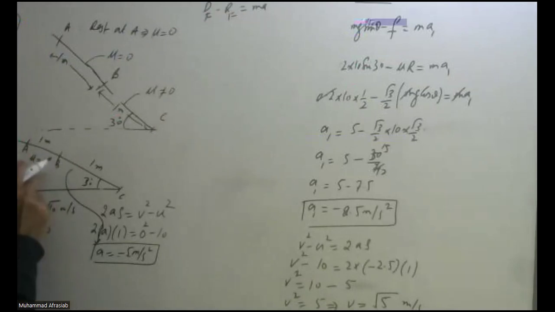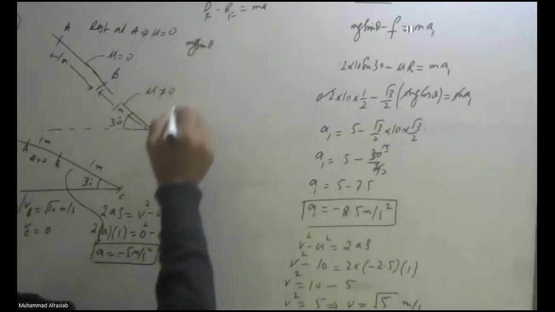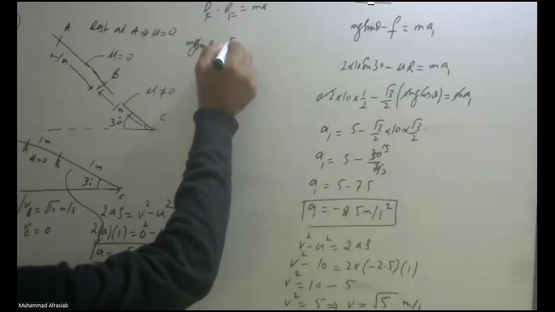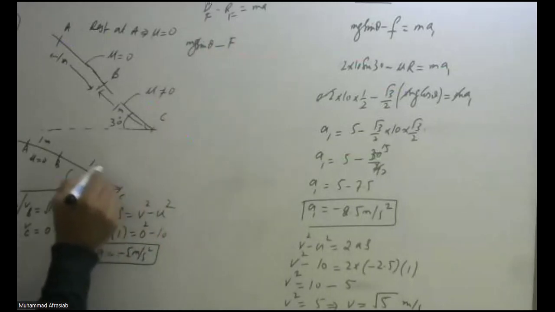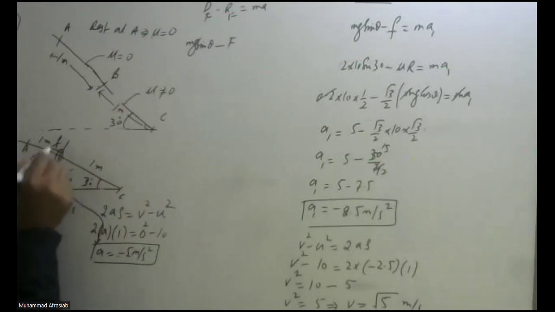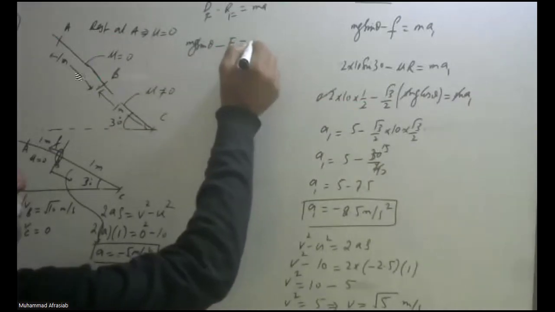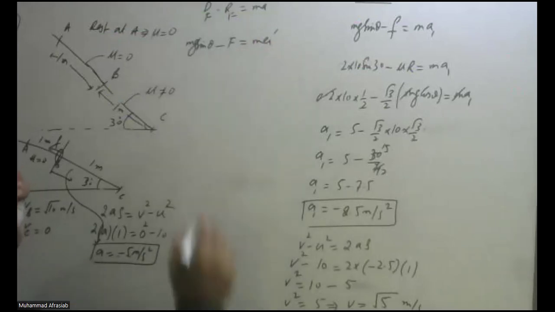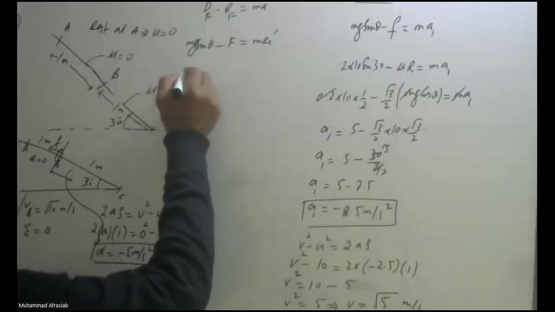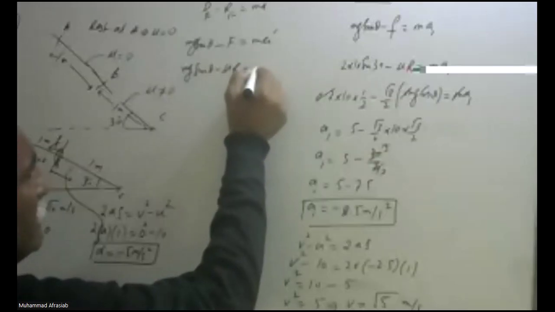Driving force at this point B is basically equal to mg sin theta minus the frictional force F, because at this position, this is the frictional force. So mg sin theta minus F is equal to m a dash. So mg sin theta minus mu R is equal to m a dash.